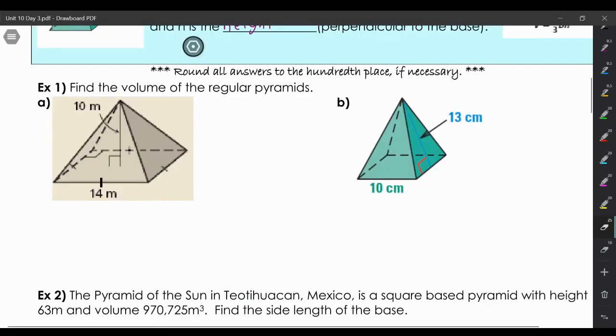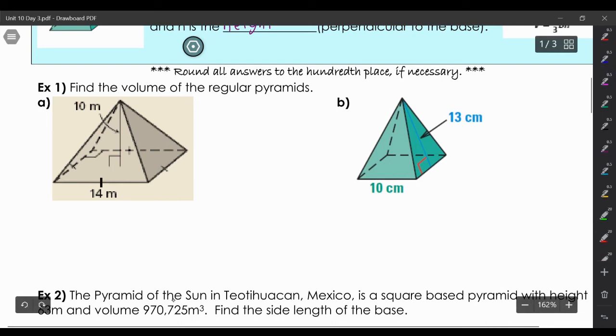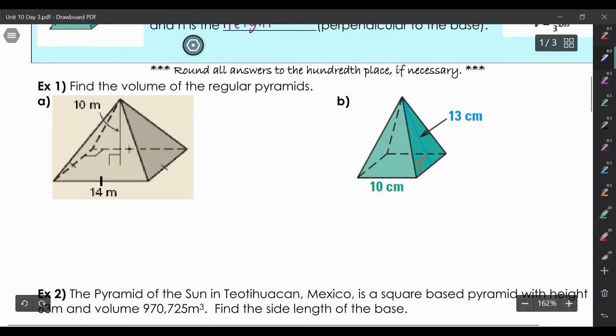All right, so example 1 is asking us to find the volume of the regular pyramid. When it says regular, that means the base is a square. So if this side's 14 here, that means this is 14 as well. What we're going to do is first find the area of the base.